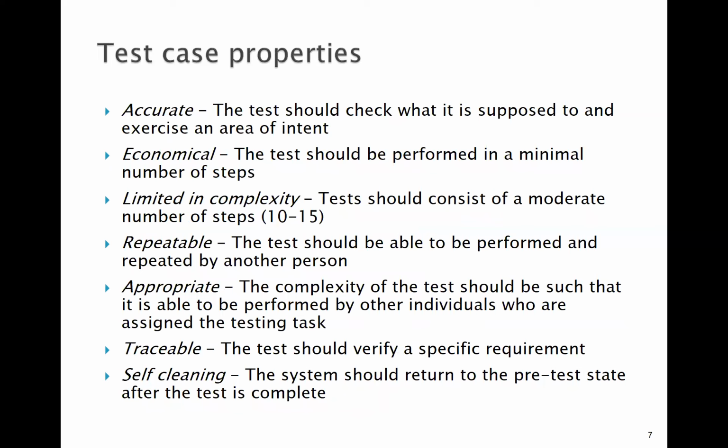So here you can see test case properties. Test cases should be accurate, economical, limited in complexity, repeatable, appropriate, traceable, and self-cleaning. We can briefly talk about what each of these is. Accuracy: the test should check what it is supposed to do, and it should have an intention, a specific goal.